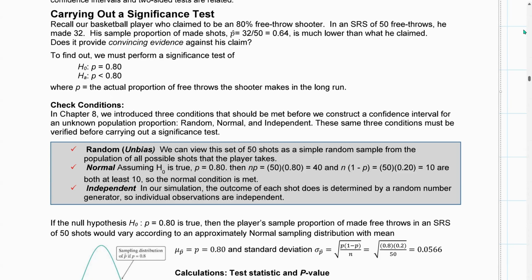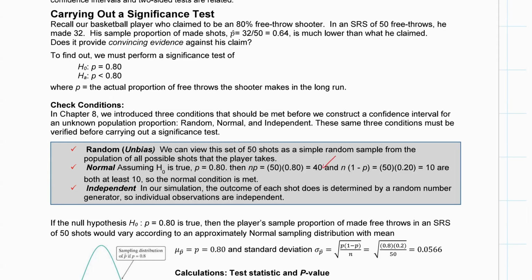Do we think this p-hat value is coming from a normal distribution? We check that by seeing if the expected number of successes, in this case 50 shots and 80% shooting ability, results in 40 successes. 40 is bigger than 10. We're good, so we give a little check mark.